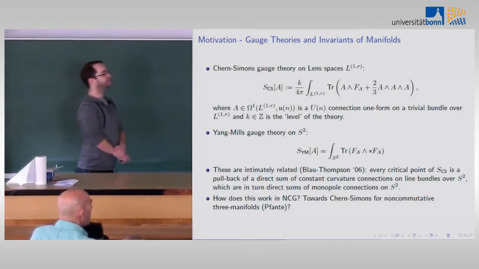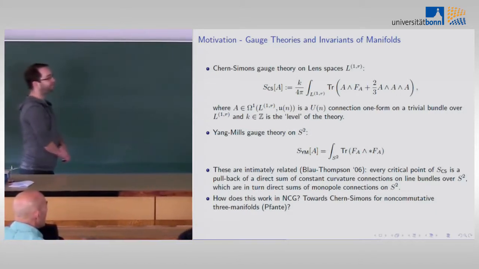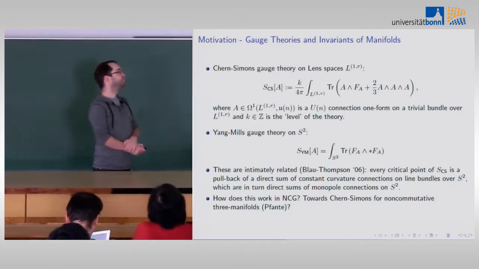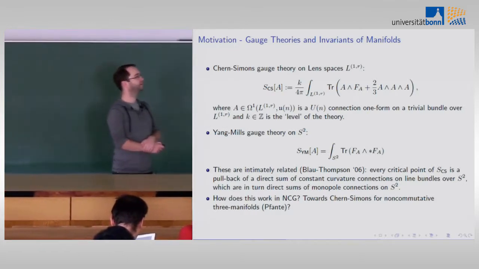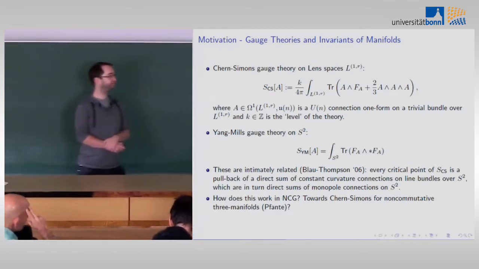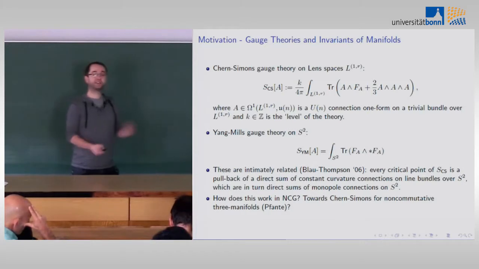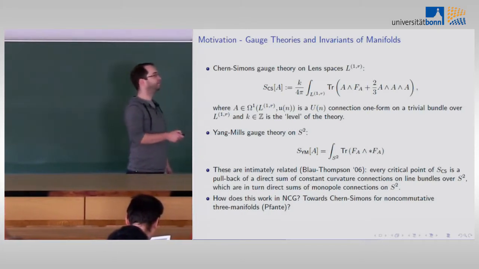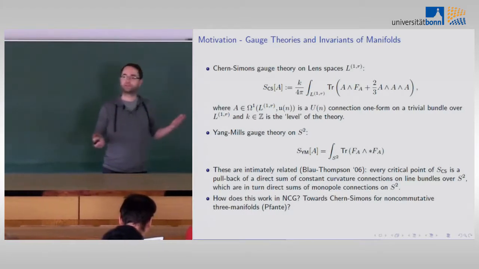So the question is, how does this work in non-commutative geometry? We're interested in studying Chern-Simons actions for non-commutative three manifolds, in particular non-commutative lens spaces. The motivation is that we know very well what happens with Yang-Mills on quantum two spheres.